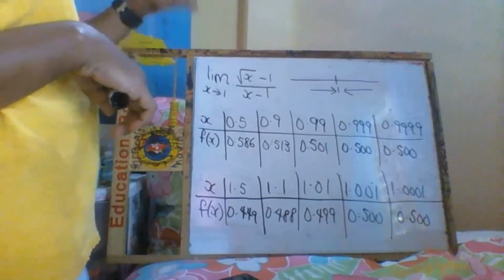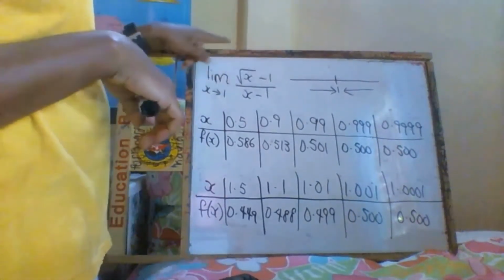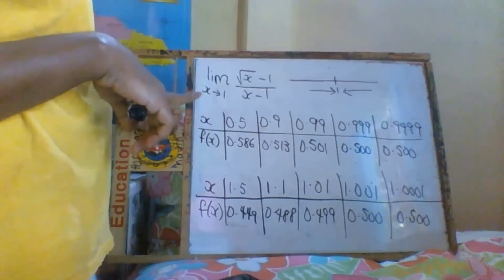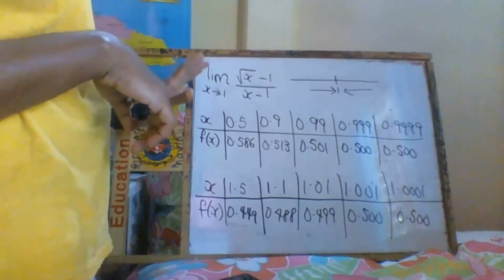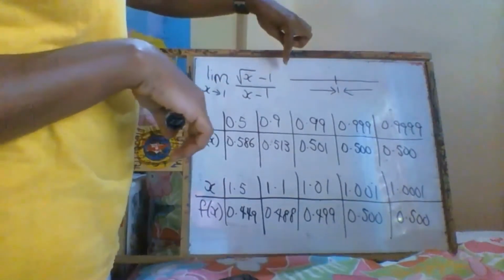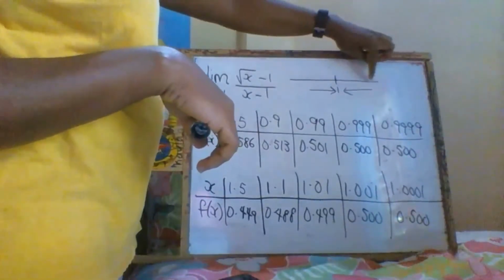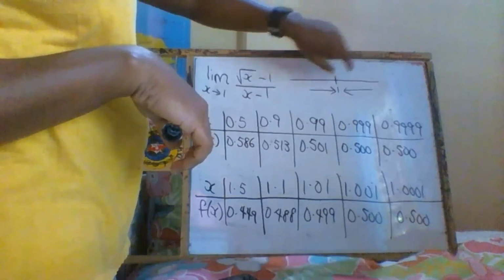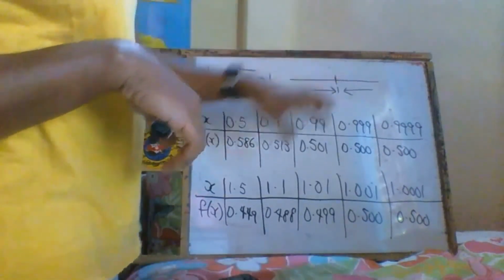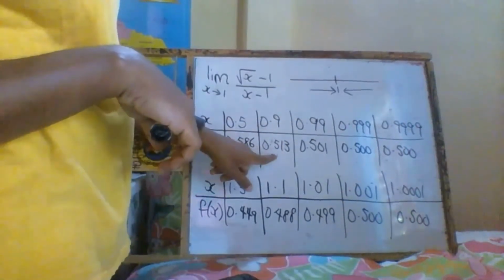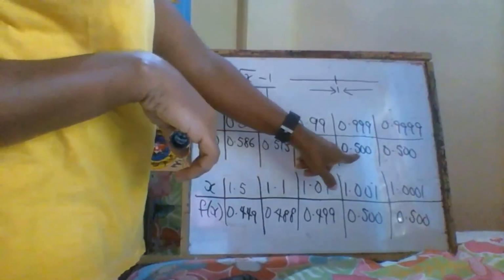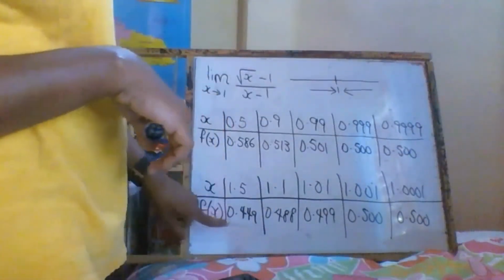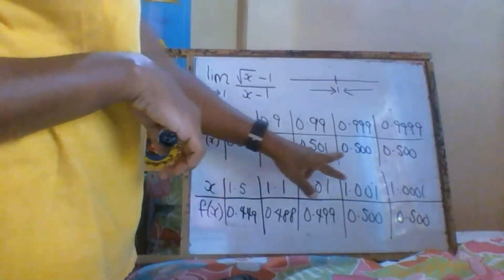And estimate that the limit of this function as x approaches 1 is actually 0.5, because from the left as well as from the right, as we got closer and closer and closer to 1, our values approached 0.500, right? From the left, these are the values we got.